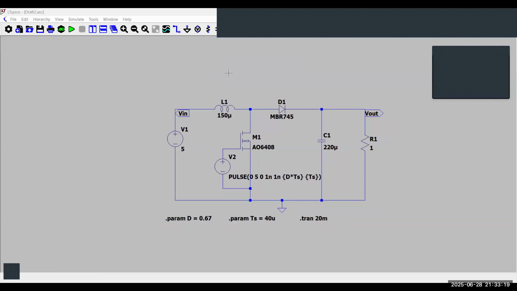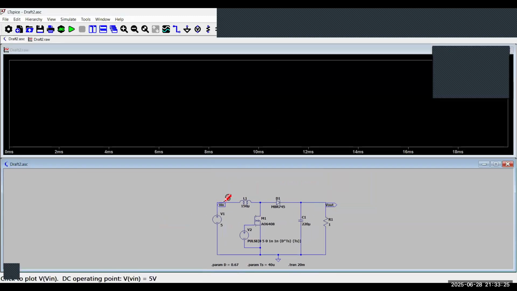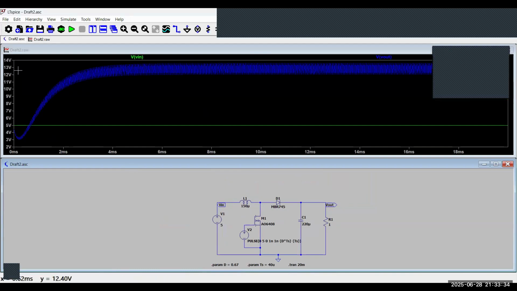So when I run this simulation, you can see the input voltage is nearly 5 volts, and when we measure the output voltage it is nearly 13 volts. There is high noise in this boost converter, so we can adjust this by adjusting the capacitor.